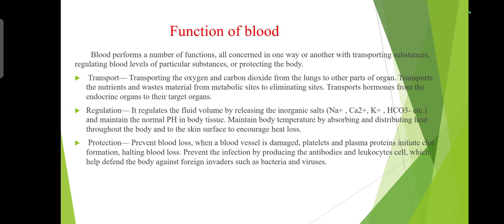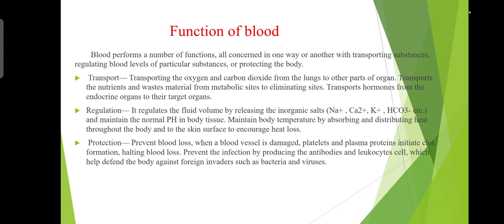Then functions of blood. Blood performs a number of functions concerned in one way or another with transporting substances, regulating blood levels of particular substances, or protecting the body. There are three types of functions: transport, regulation and protection. Transport means transporting oxygen and carbon dioxide between the lungs and other parts of the body.